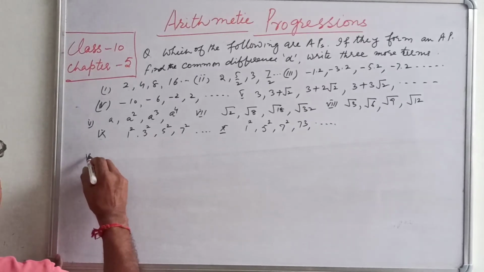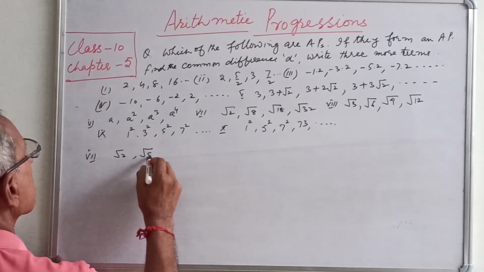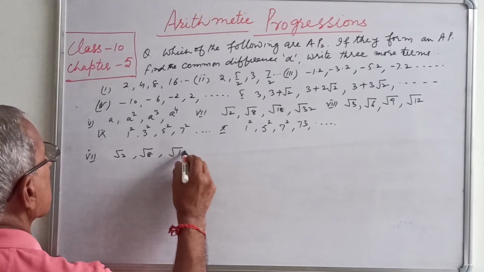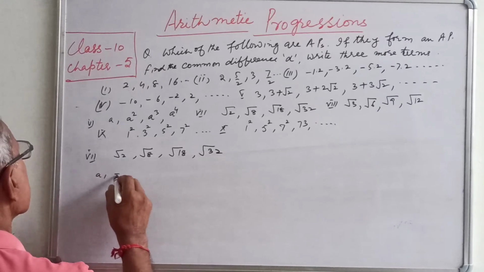Seventh part, root 2, root 8, root 18, root 32. A1 is root 2.